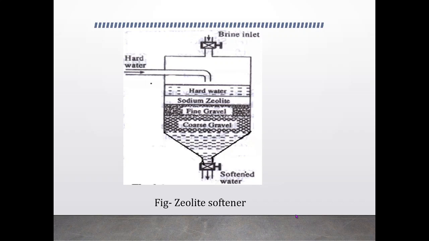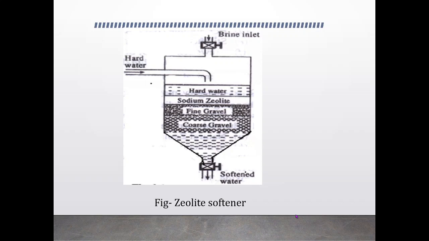Below that layer, fine gravels are there, and below that coarse gravels are present. Hard water is passed from the top, which percolates through the zeolite bed, then the fine gravels and the coarse gravels, and certain reactions take place. We will discuss which reactions take place, and lastly we will get the softened water.